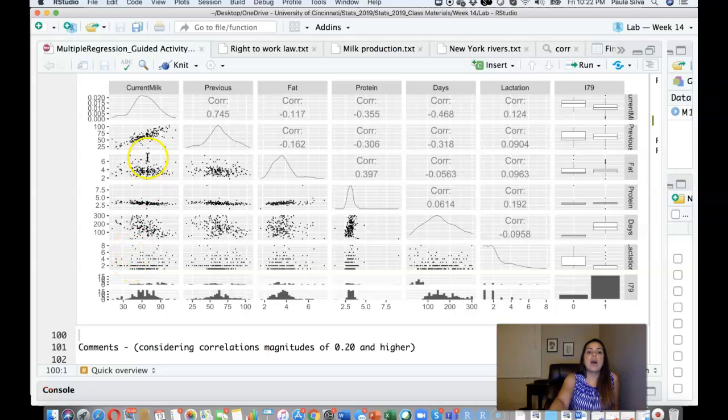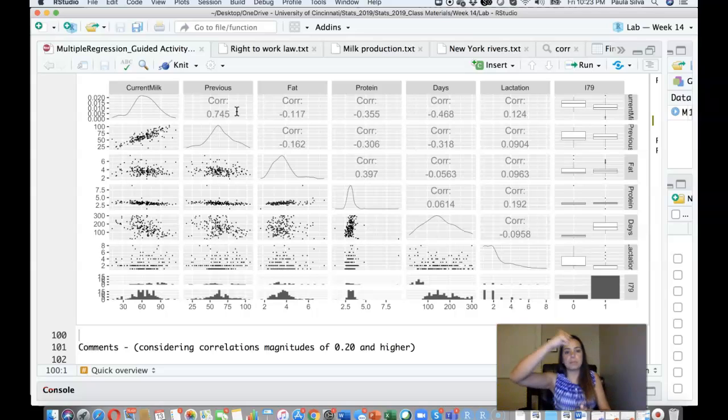So I am looking at these scatter plots, and the first one looks sort of promising because it shows a positive relationship that I would say would be potentially moderate. There are some points going down here, creating a bit of spread. So not super duper strong, but you know, it's a clear trend upwards. And that's the relationship between current milk production and previous milk production.